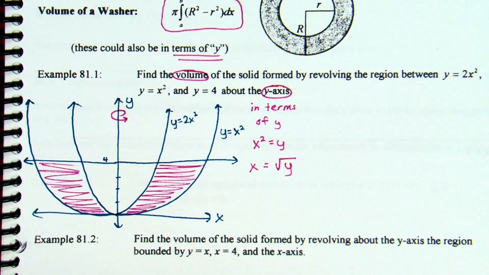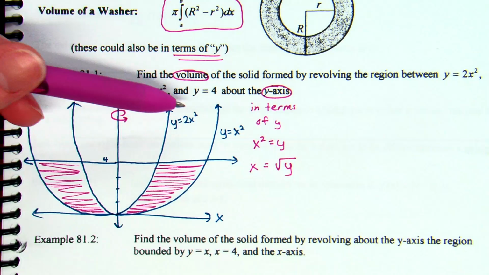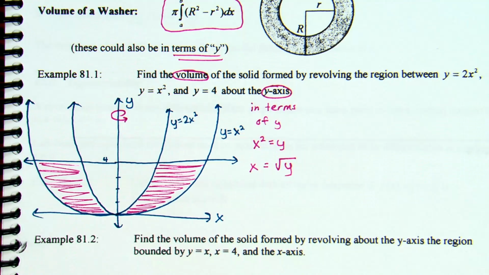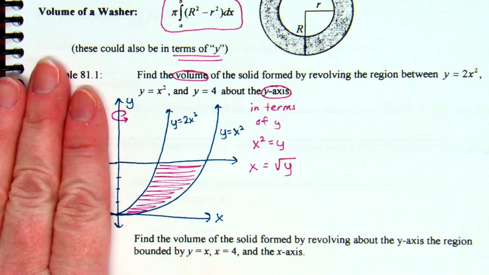Officially the plus square root of y is in quadrant 1. The minus square root of y is in quadrant 2. But if we're rotating 360 degrees around, do we really need the minus? We're not going to need the minus because it's going to rotate all around. In fact, I could have just drawn the quadrant 1 picture because that's really all we need. We don't have to think about quadrant 2. Okay, so we have x equals square root of y.